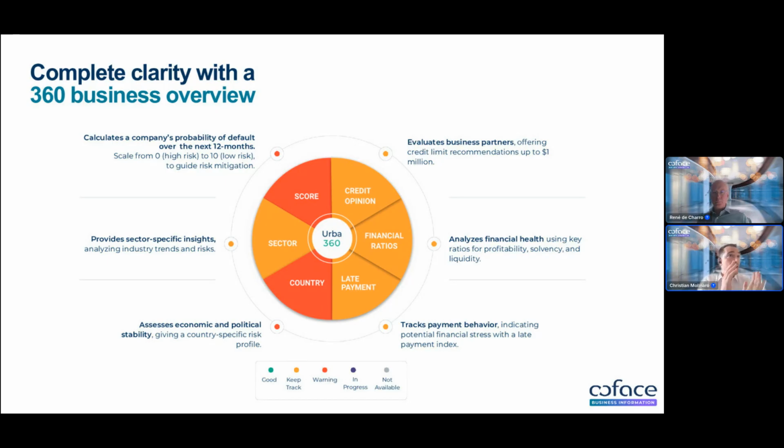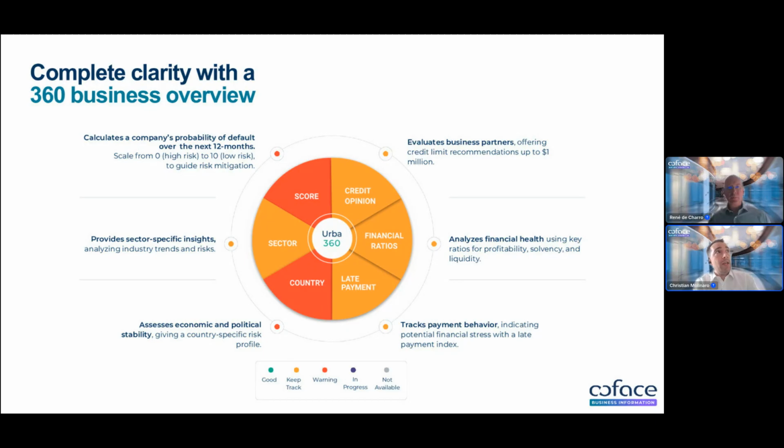So, for example, the score, so our score with a scale from 0 to 10, so from high risk to low risk, where you can see the status of a company. Our credit opinion, so which is our willingness to risk with these specific counterparties.